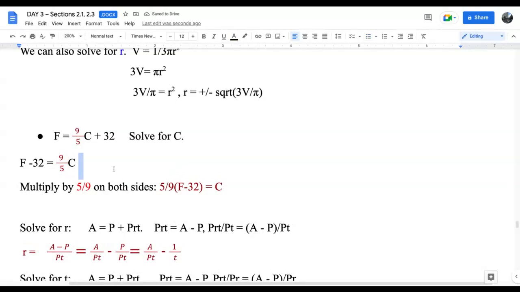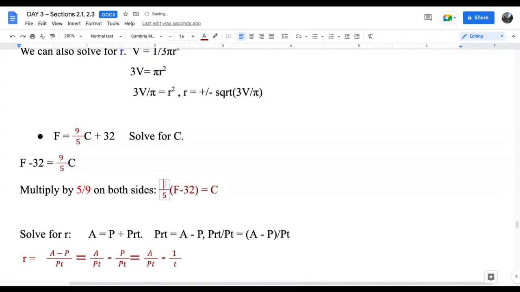Now what do we do? We want to multiply by the inverse of 9 over 5, which is 5 over 9, on both sides. 5 over 9 is the multiplicative inverse, or the reciprocal, of 9 over 5. Then 9 over 5 times 5 over 9 becomes 1, so 1c.